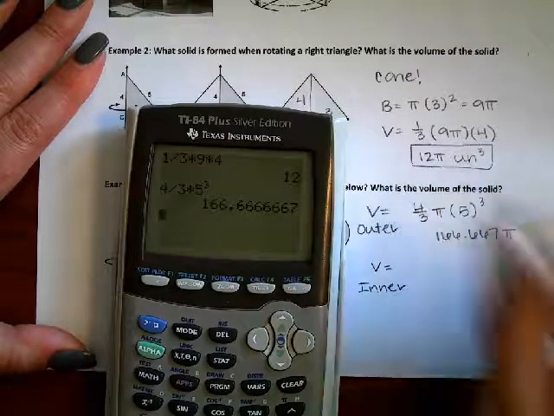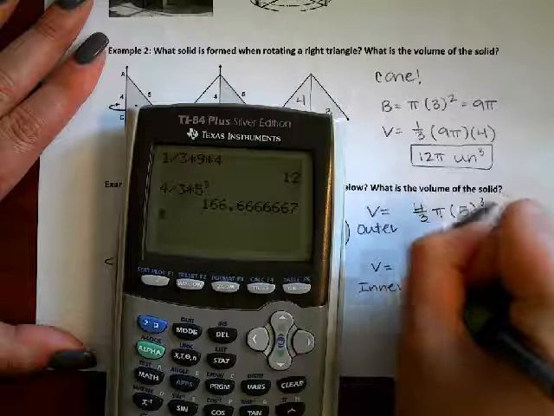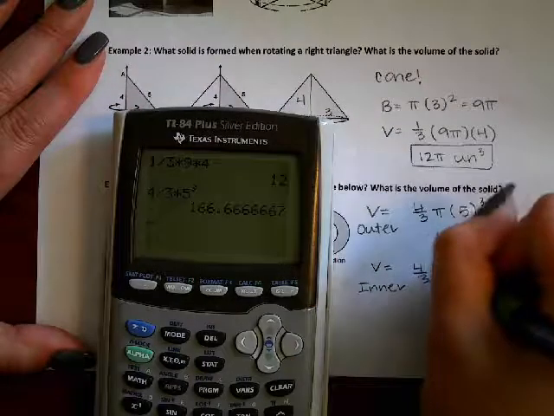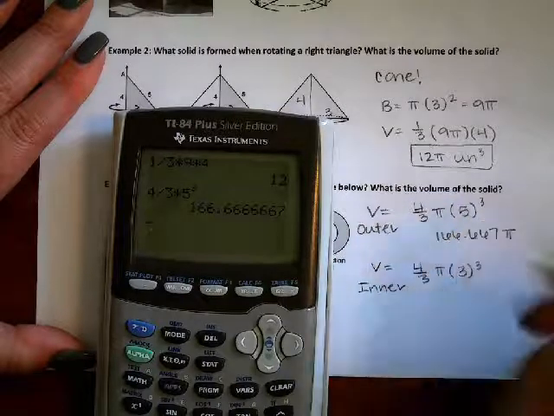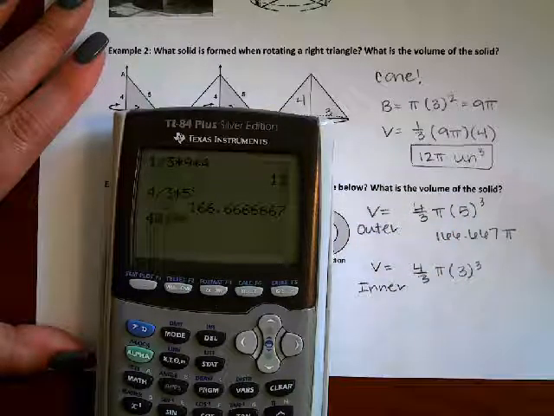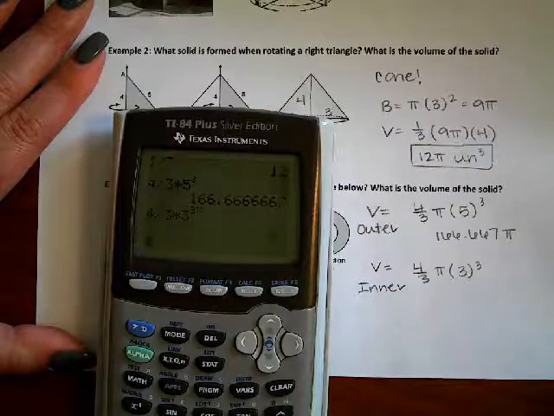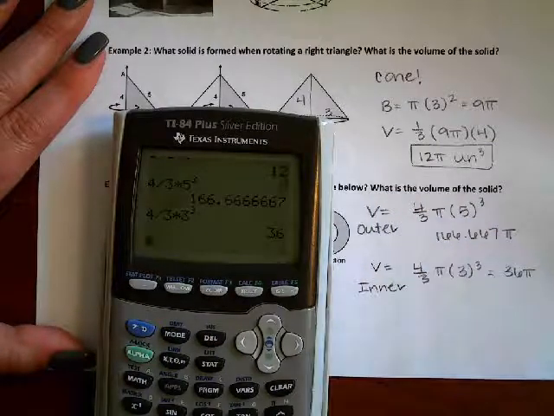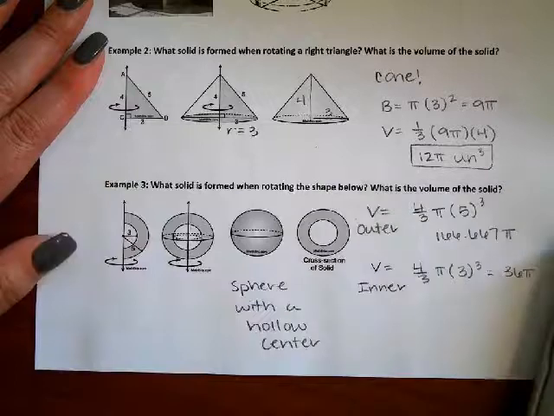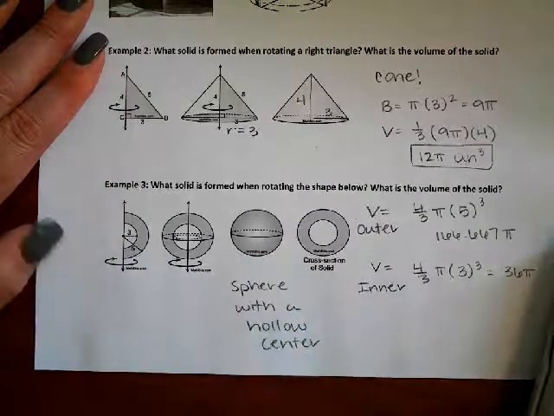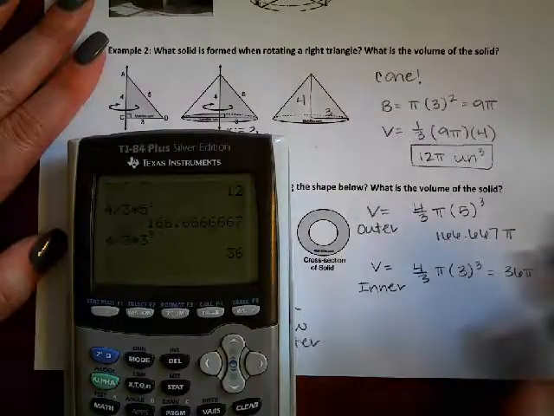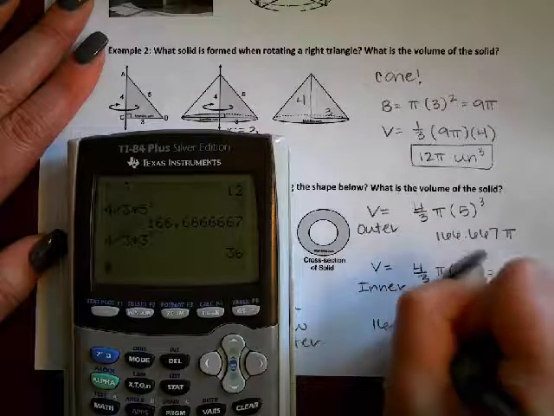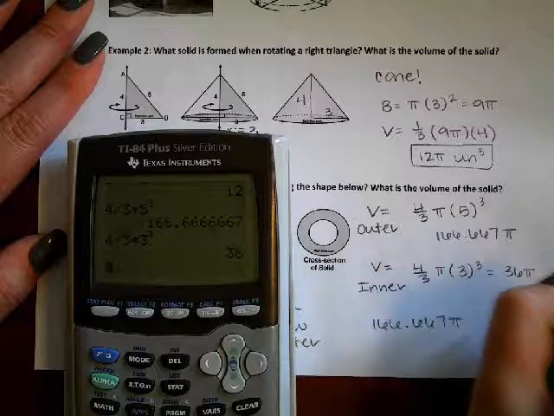And then the inner sphere has a radius of 3, so 4/3 pi times 3 cubed. So if we want to find the volume of the hollow sphere, the sphere that is empty in the center, we're going to do the outer minus the inner.